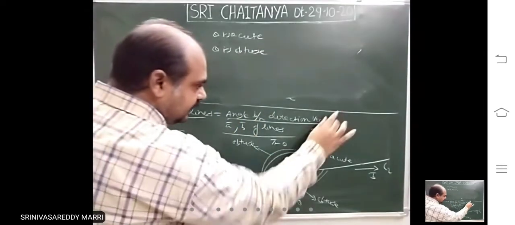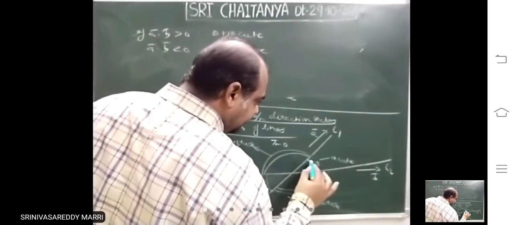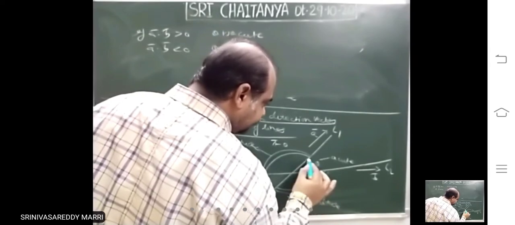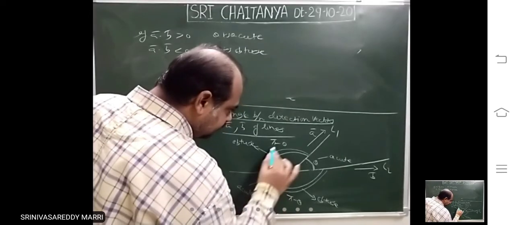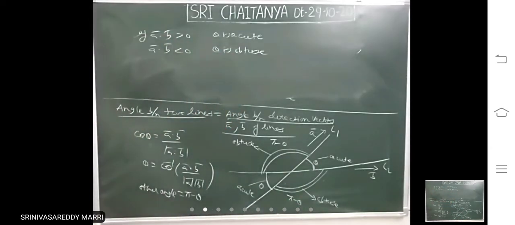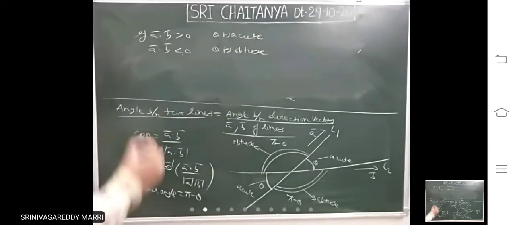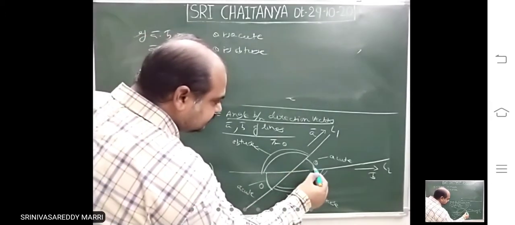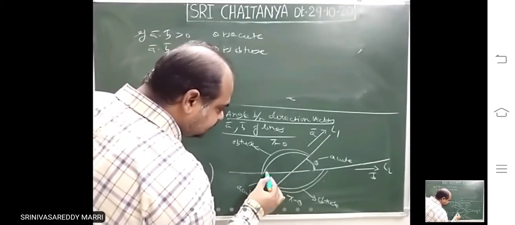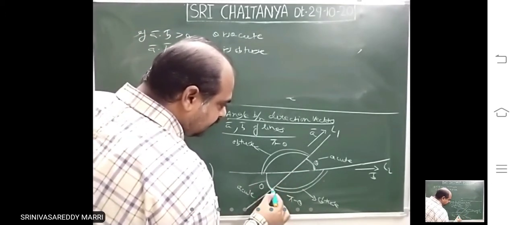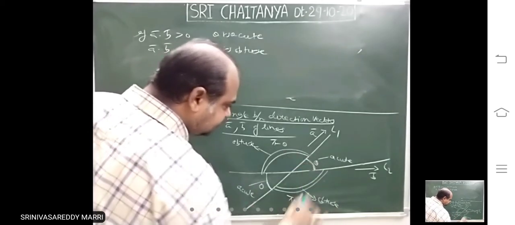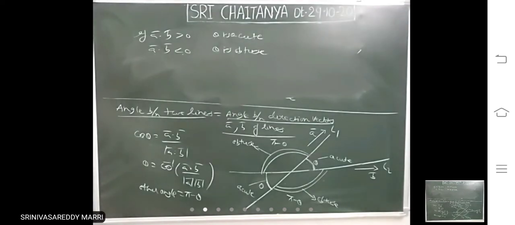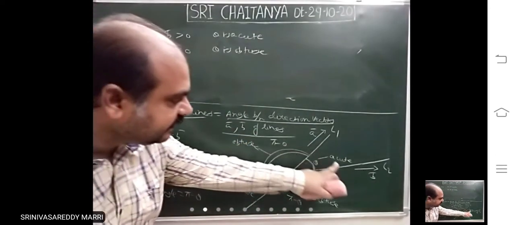If you calculate A dot B and that is positive, then this angle and this angle will be acute, and this angle and this angle will be obtuse. If A dot B is less than 0, then this theta you will get is obtuse. Suppose you got 120, then this angle is 60 degrees.